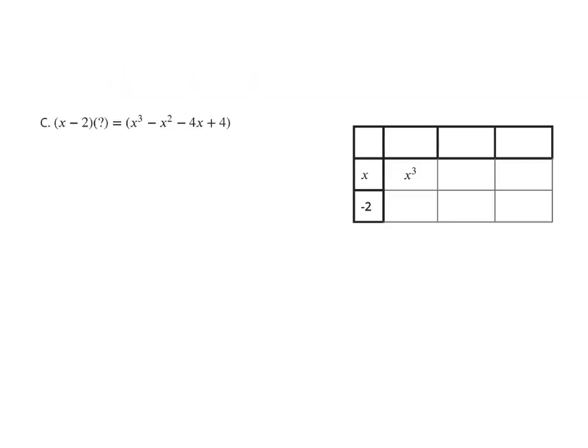Okay, so now the whole point of this lesson today here is: is x minus 2 a factor of this polynomial? We don't know. So if x minus 2 multiplies to another number, remember on the left, these are called factors. Factors multiply to each other to make a product.